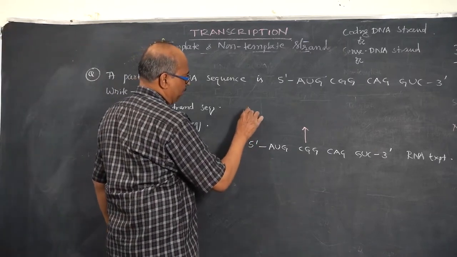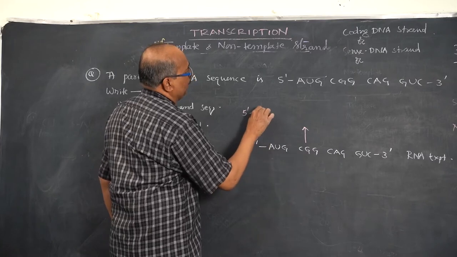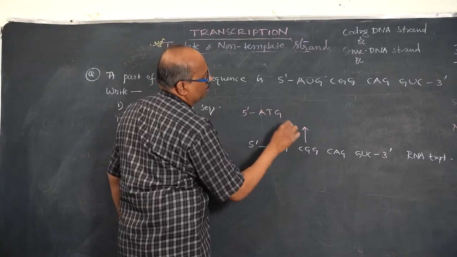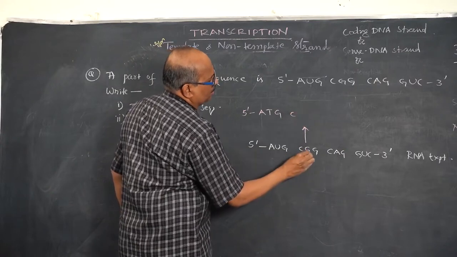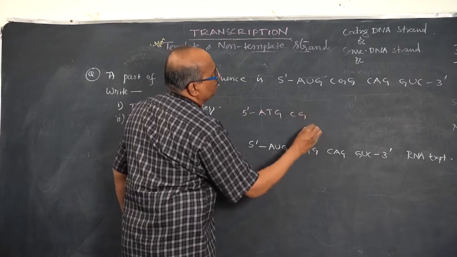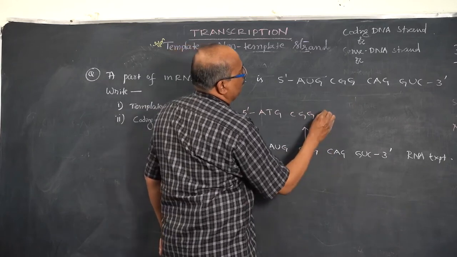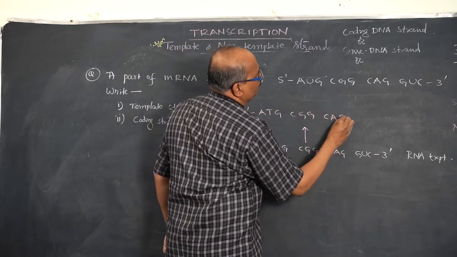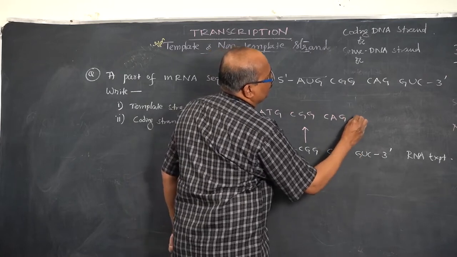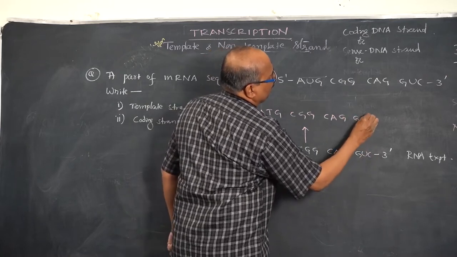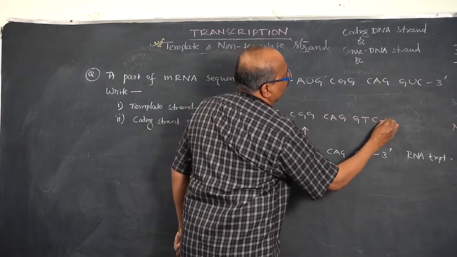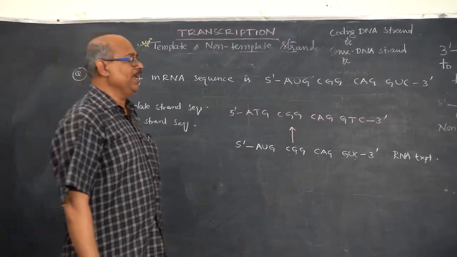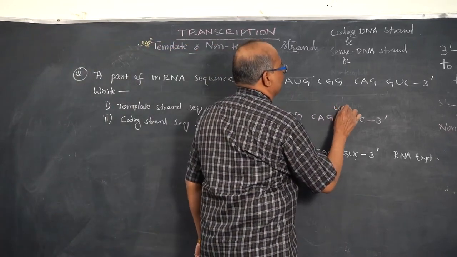So 5 prime, A will be A, U will be T, G will be G, C will be C, G will be G, G will be G, C will be C, A will be A, G will be G, G will be G, U will be T, C will be C, 3 prime. So that we got coding DNA strand.